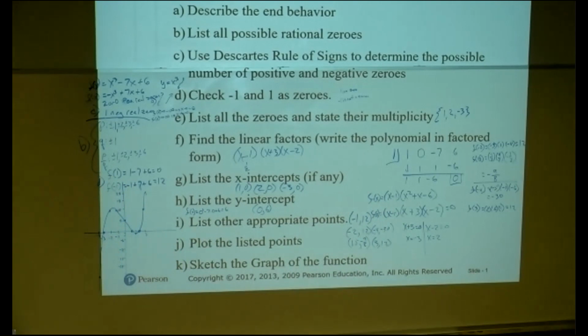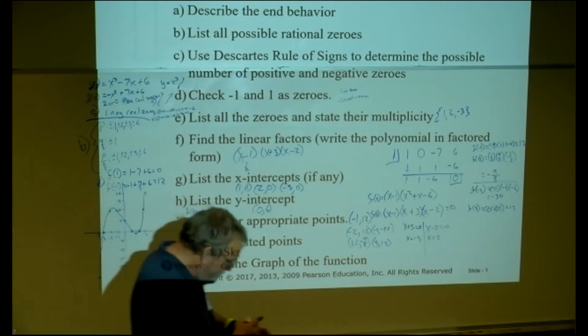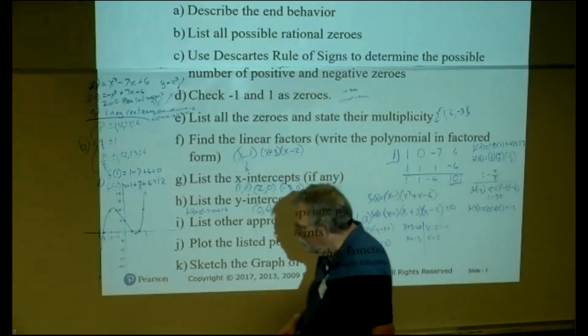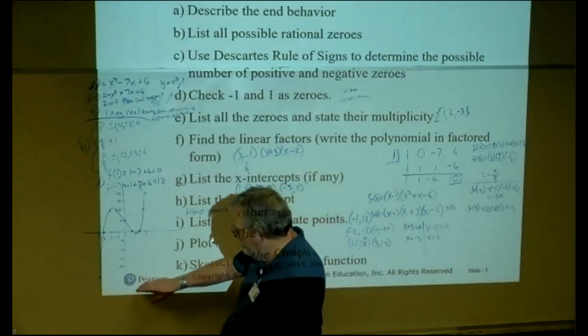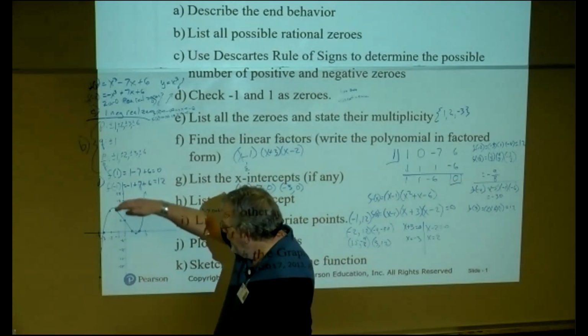And there you have it. If you graph this in a graphing calculator, it probably won't show much, depending upon your window. Like I would do this from negative 36 to 18 in my y direction.